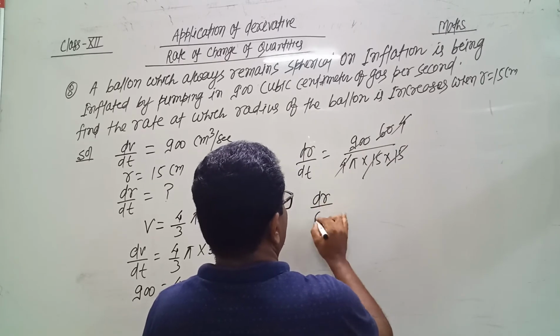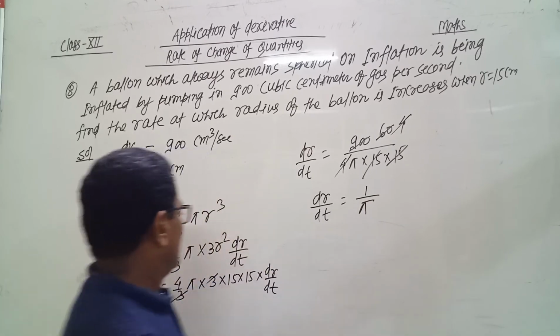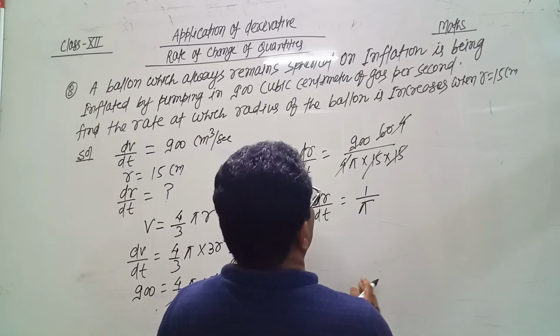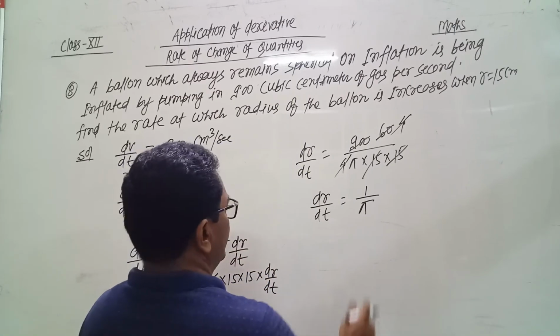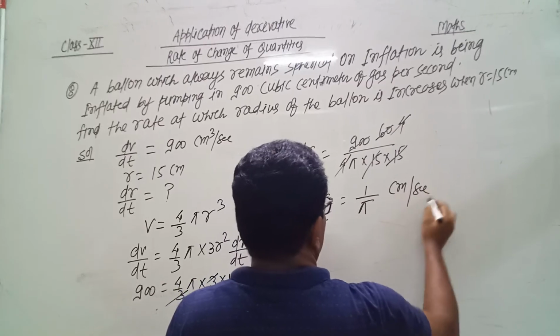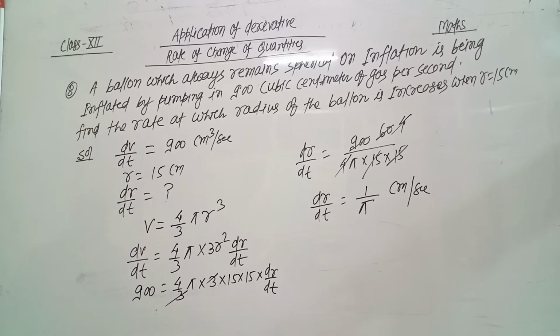So dr by dt comes to be 1 by pi. The unit of radius is centimeter and unit of time is second. So centimeter per second. So this is the increase in radius.